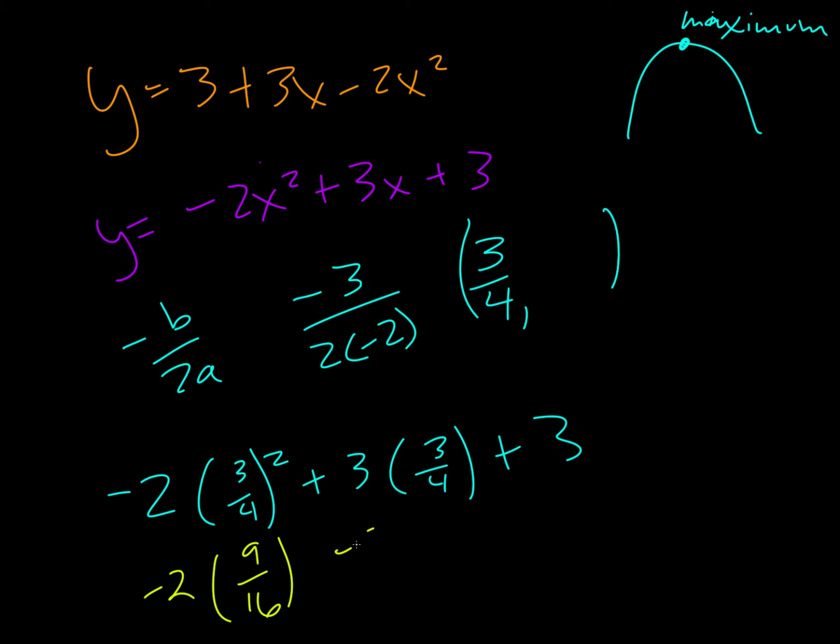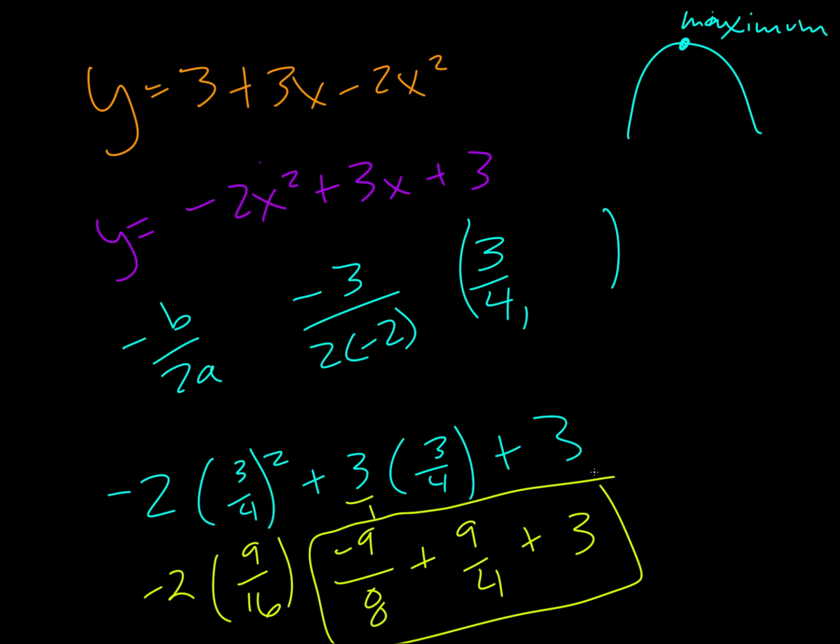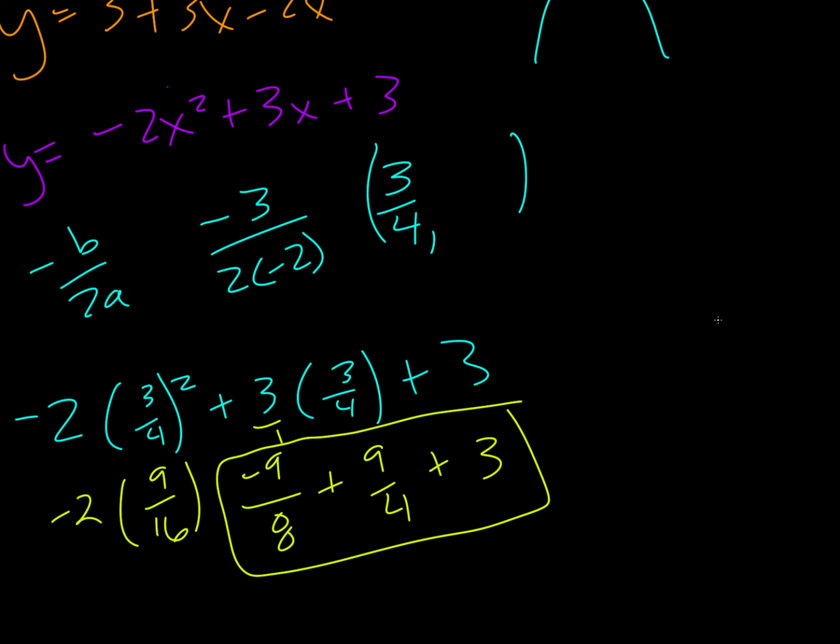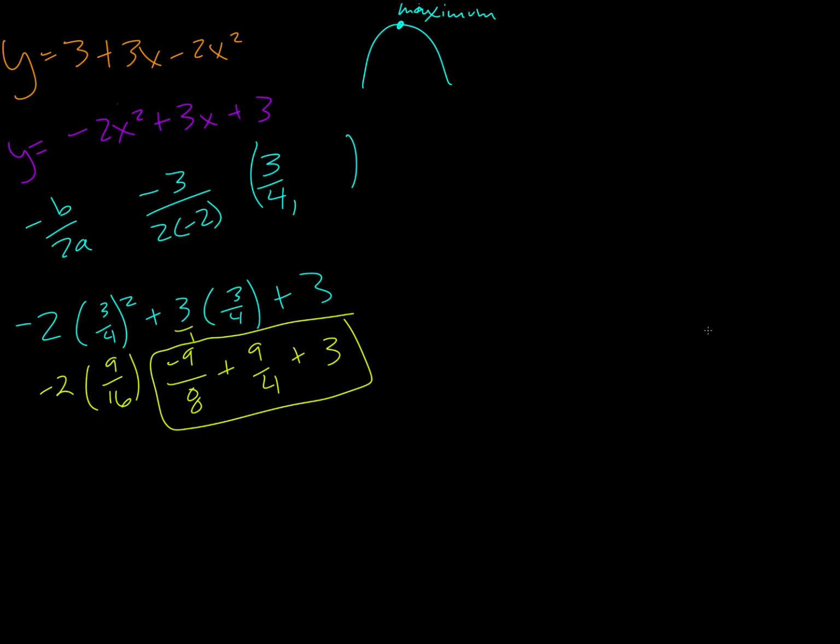So that's going to be negative 9 over 8. Multiply these together, we get 9. This is like 3 over 1, right? 9/4, and then plus 3. Okay, so I'm just focusing on this part.